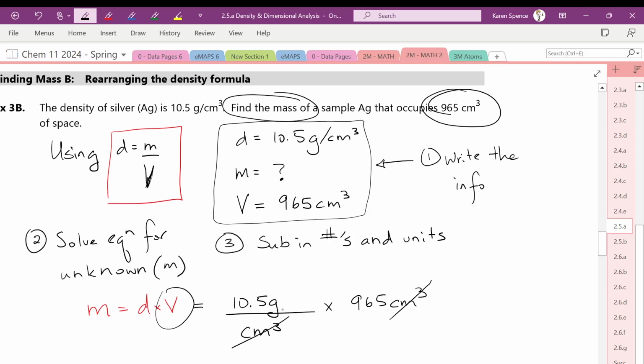Look at that. What unit am I left with? I'm left with grams. 10.5 times 965 equals 10132.5, and then that would round to 10100 grams. So you can solve density problems either way, using density as a conversion factor or using the density formula. Your choice.